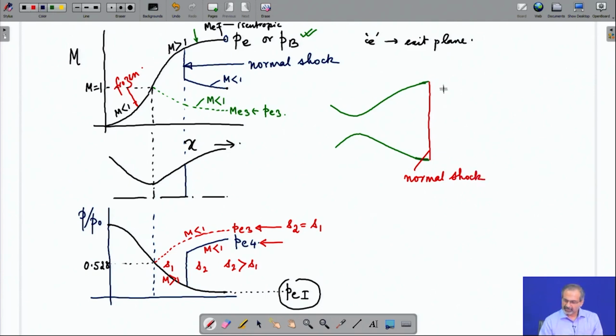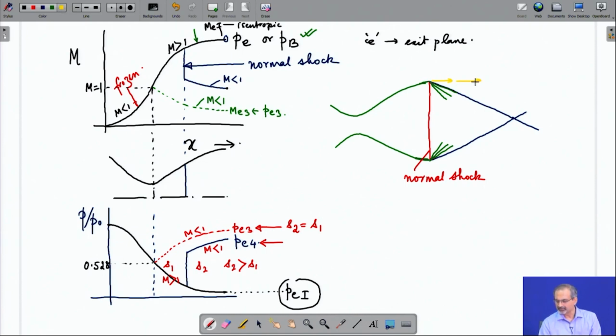What are the other possibilities? Well, you could have an oblique shock, a pair of oblique shocks at the exit plane. That is another possibility. You could have still another possibility, that is, you can have expansion fan outside the exit plane. Which was the possibility for MEI or PEI case?